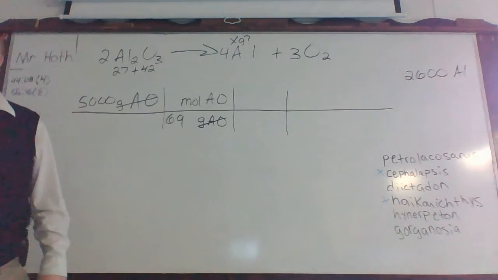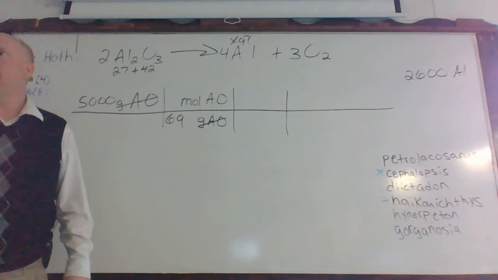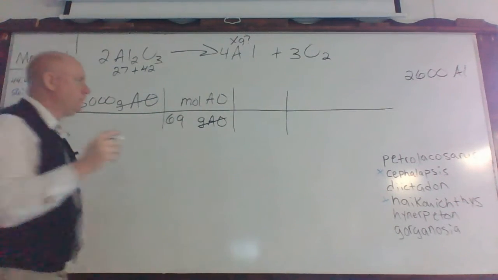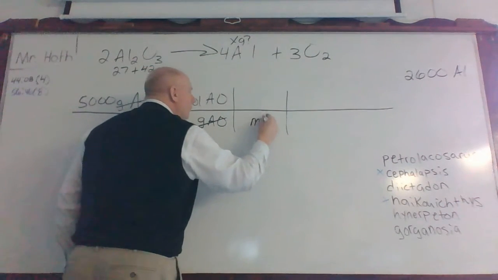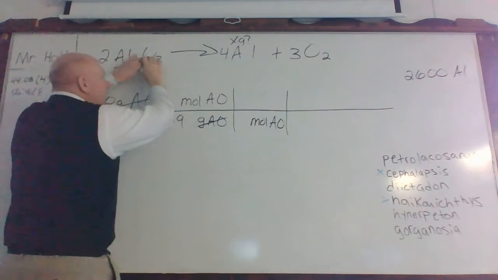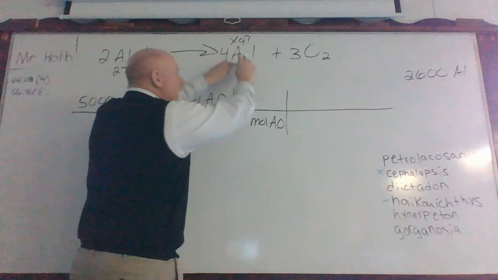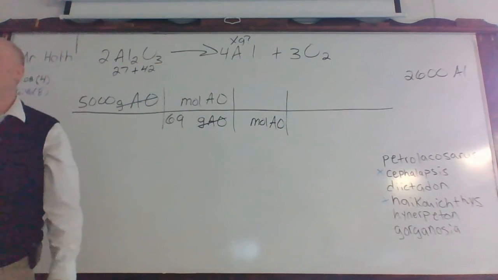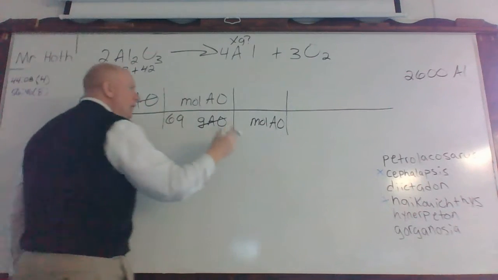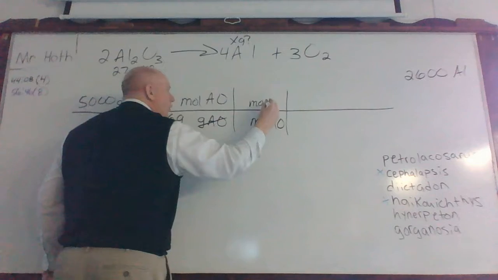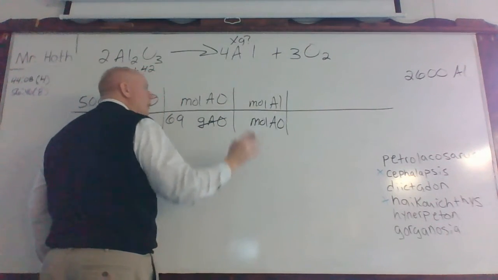If we've got a mole upstairs here, how do we cancel that out in our next step? Goes on the bottom or the top? It allows us to change what we have into what it is we're looking for. And this is called specifically a what ratio? It's a mole to mole ratio. What we have, moles of aluminum oxide, to moles of aluminum.